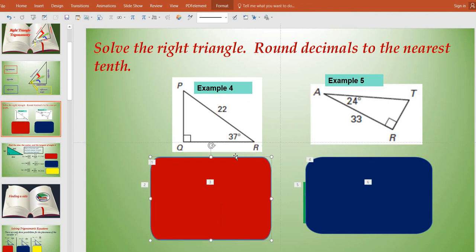Let's go to solve QR. To find QR, you use the cosine rule. Cosine 37 equals adjacent QR over hypotenuse 22. Cross multiplication, we get QR equals 22 cosine 37.